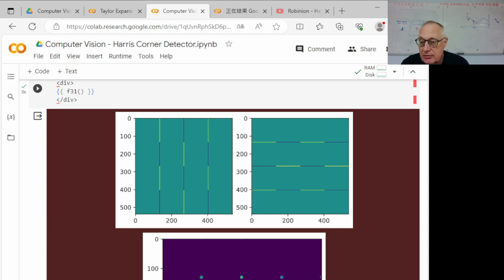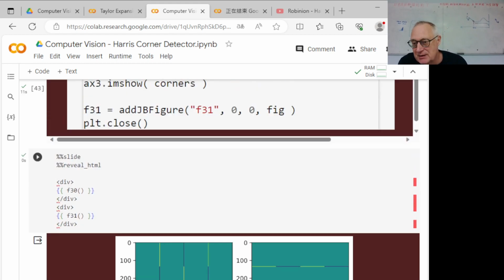Yeah, so this works pretty much the same in this particular case.